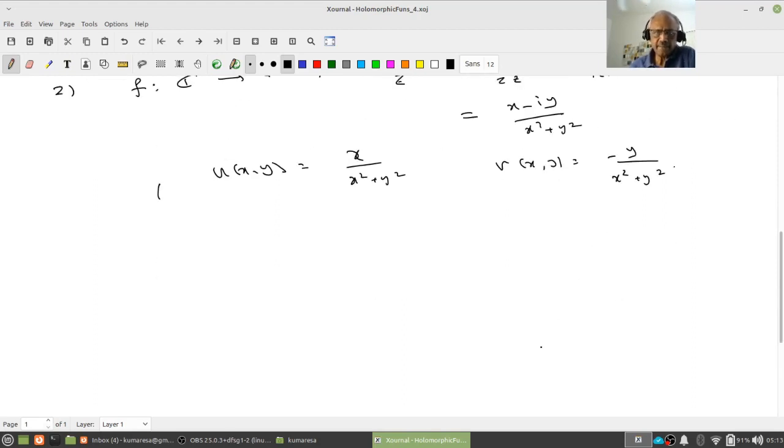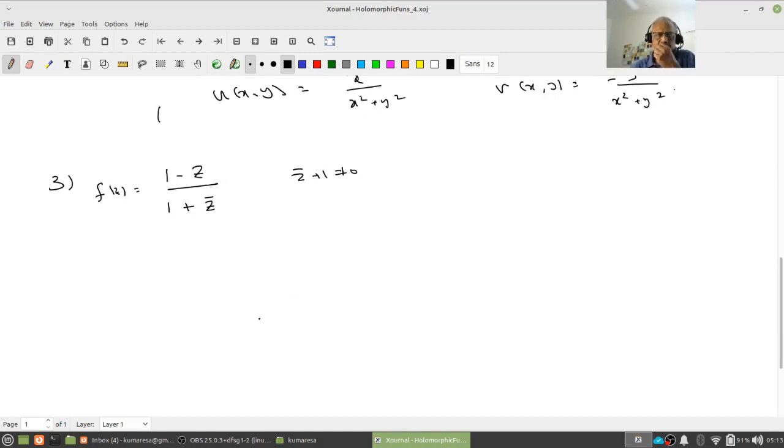The third example, I'll give some very simple example only. Suppose I give another example: 1 minus z by 1 plus z bar. This makes sense whenever z bar plus 1 is not equal to 0. This is the domain of the function, so let's not worry about that.